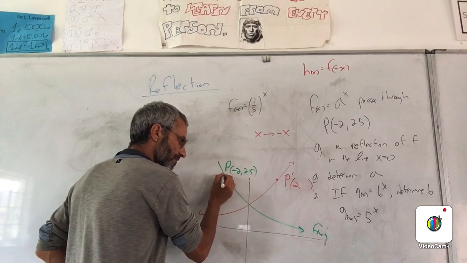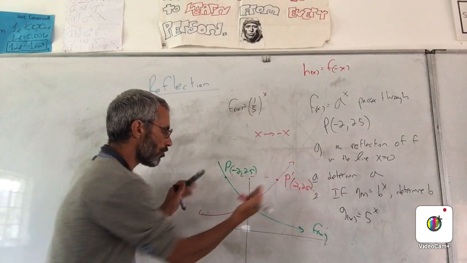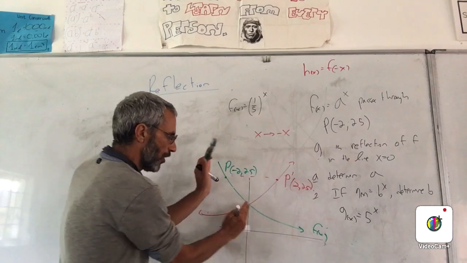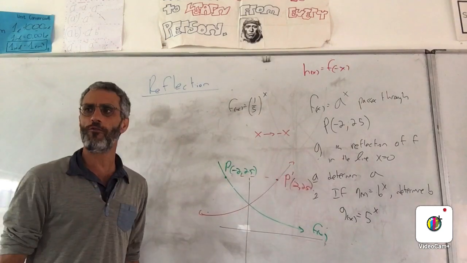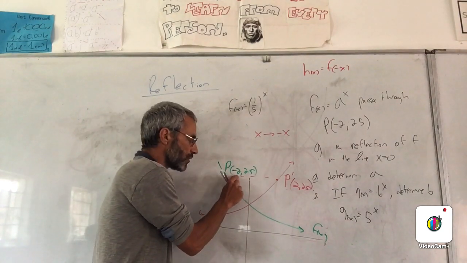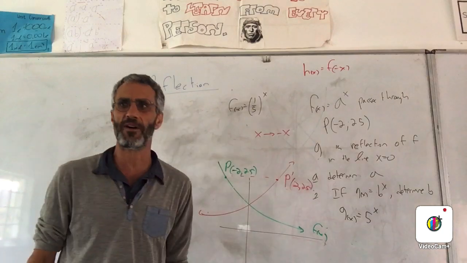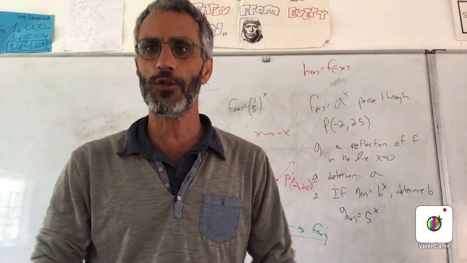And if this is 25, it's still the same, 25. This whole red graph is basically the green graph reflected over the y-axis. So if I look at a specific point, minus 2, 25, that will become, on the new graph, 2, 25. I'll stop here. We'll finish this question next lesson.